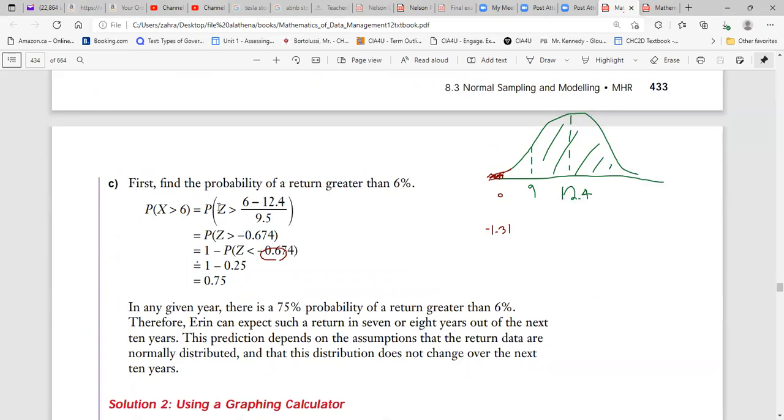Now I want z to be greater than what? So I turn 6 into z: 6 minus 12.4 divided by 9.5. Again, because the table gives me the area less than that number, I need to say 1 minus P of z less than 0.674. I just find that from the table, which is negative 0.25. Check that from the table. It's equal to 0.75.